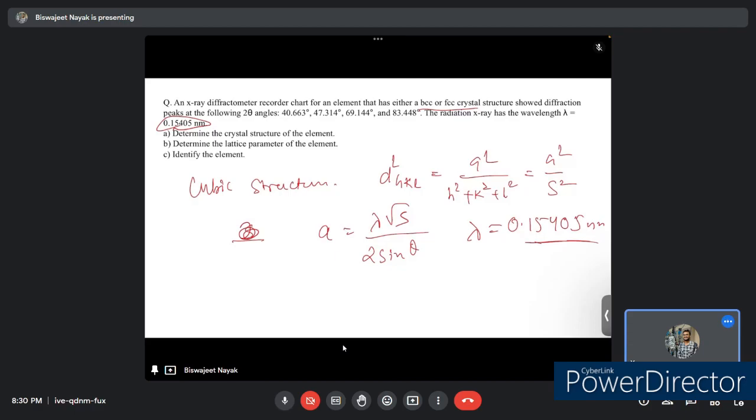So for FCC, we will consider all even or all odd, but in BCC the sum of h plus k plus l should be even.